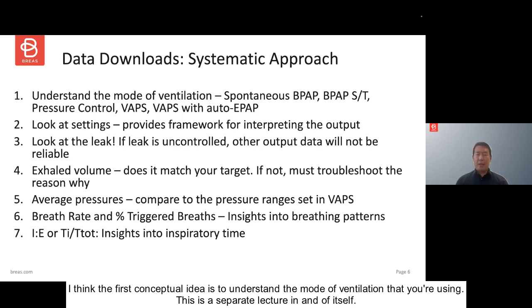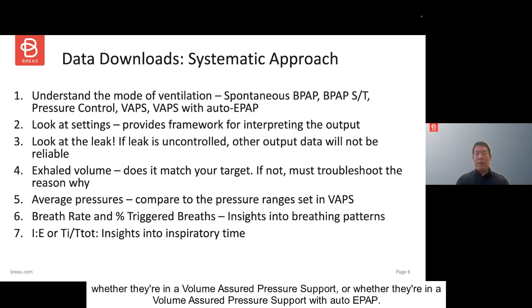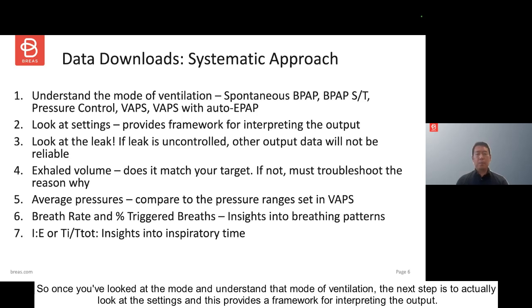This is a separate lecture in and of itself, but think about whether the patient is in spontaneous BiPAP, BiPAP with an ST mode, a fixed pressure control mode where you have a fixed I time, volume assured pressure support, or volume assured pressure support with auto EPAP. Unless you start by understanding the mode of ventilation, it's going to be hard to interpret the data, and also to troubleshoot.